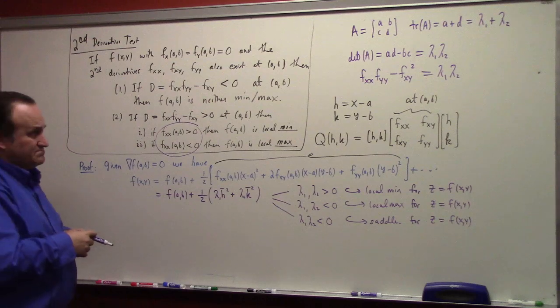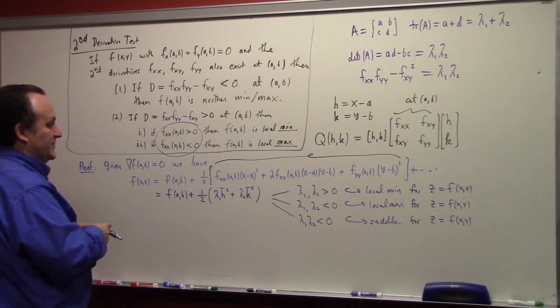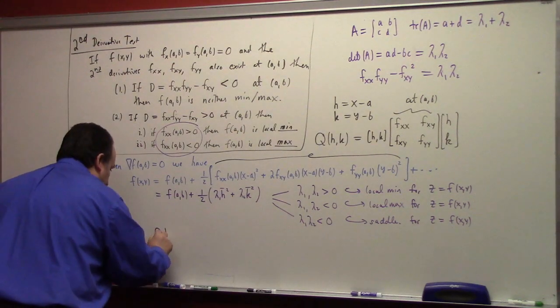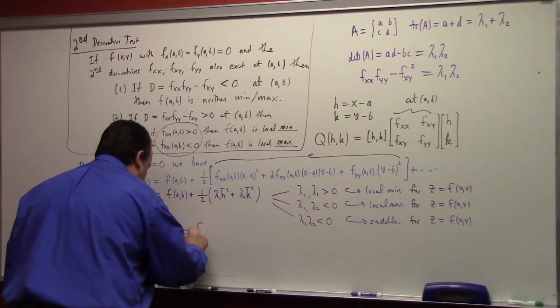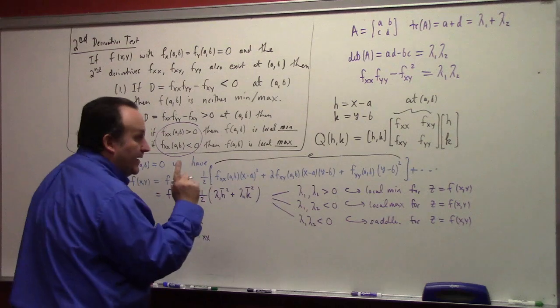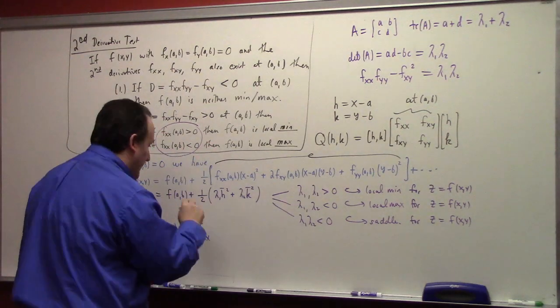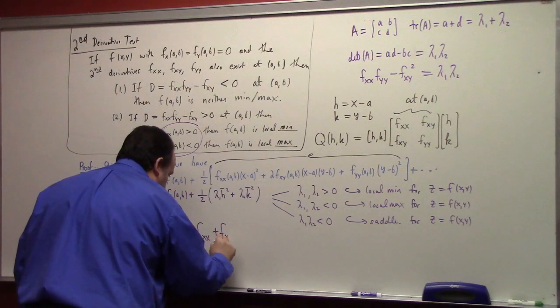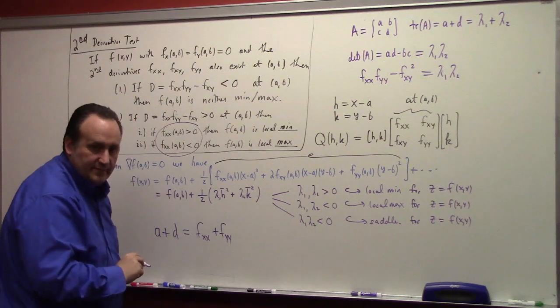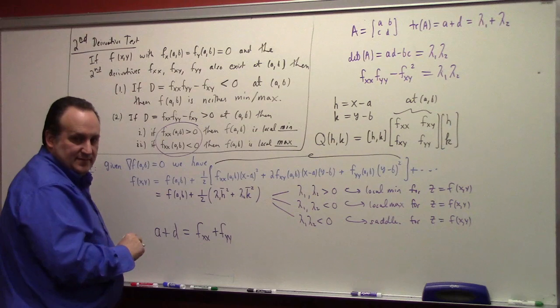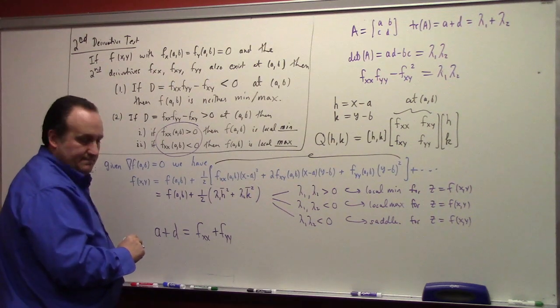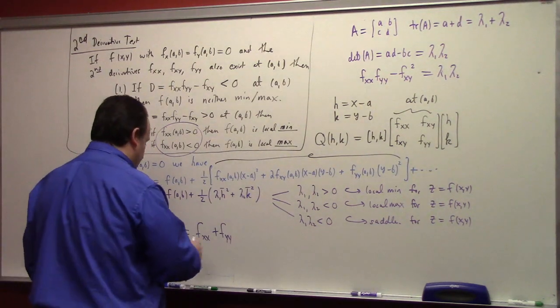Well, check this out. A plus d is what? A is fxx, and d is fyy. Right? And that is the sum of the eigenvalues, right? So think about that.